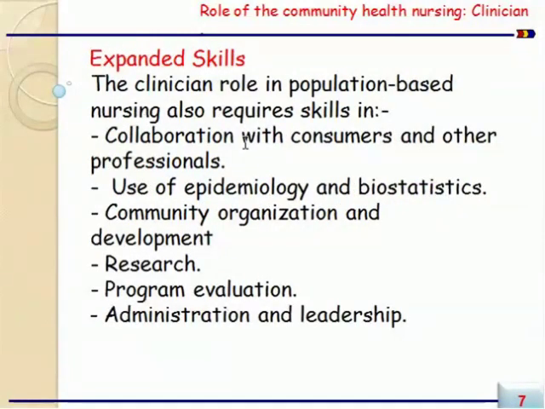So these are some other expanded roles of a nurse as a clinician. She should work in collaboration with the consumer and other health professionals, and she should work hard and get more knowledge so that she can use epidemiology and biostatistics in taking care of her patients.